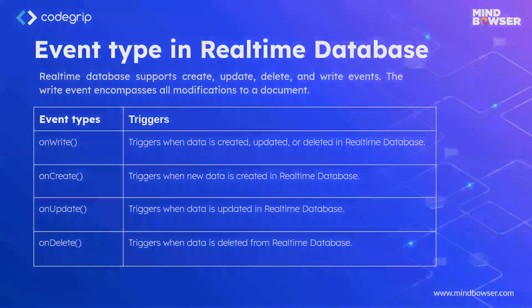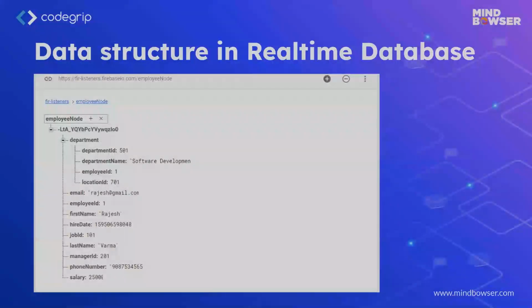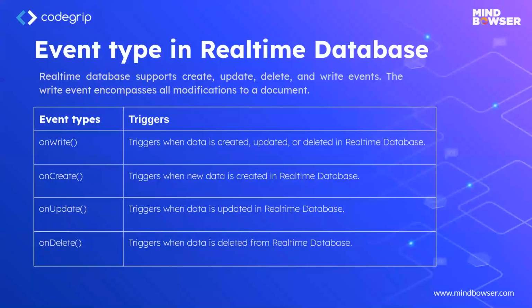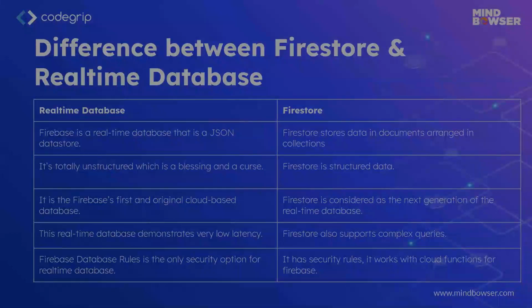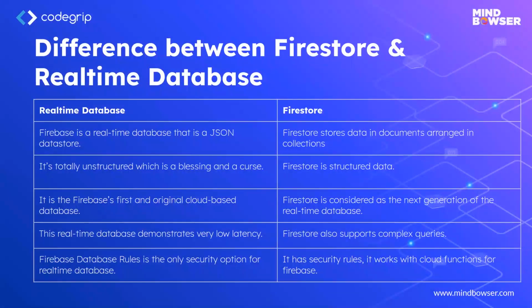So next was the difference between Firestore and real-time DB. The Firebase real-time DB is a JSON data store, and Firestore is also a JSON data store, but arranged in the format of documents.